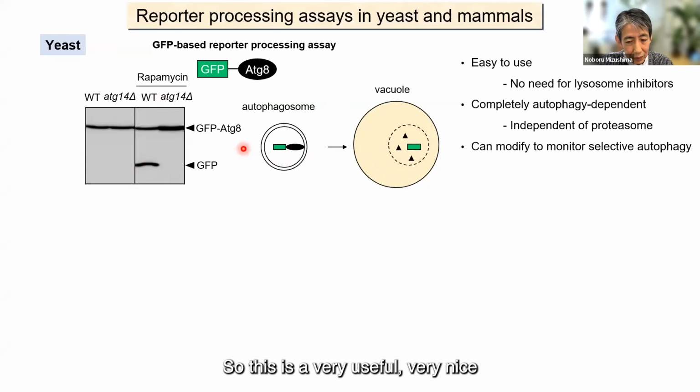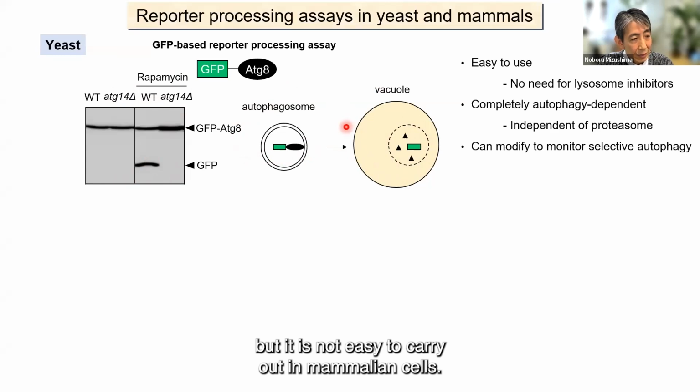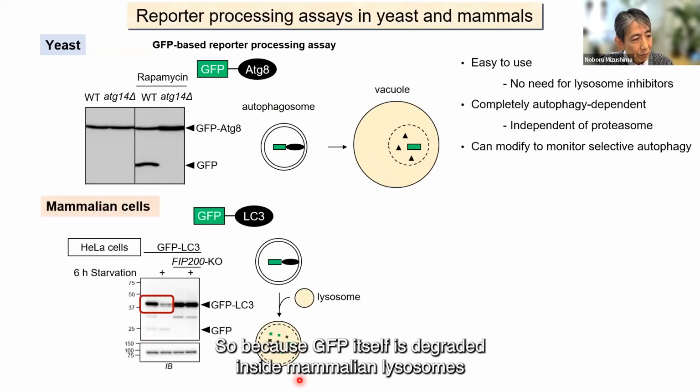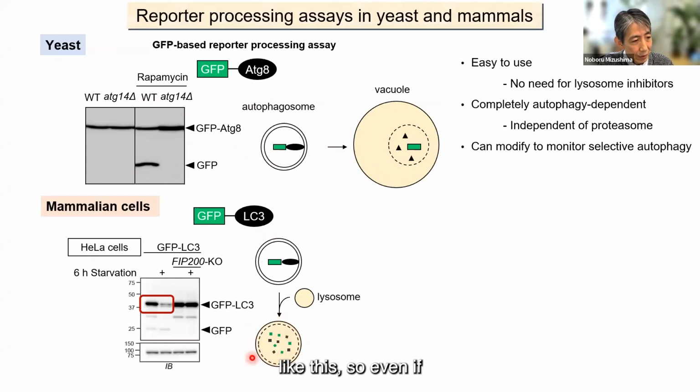This is a very useful, very nice assay system, but it is not easy to carry out in mammalian cells, because GFP itself is degraded inside mammalian lysosomes like this. So even if we observed degradation of GFP-LC3, we couldn't see accumulation of GFP.